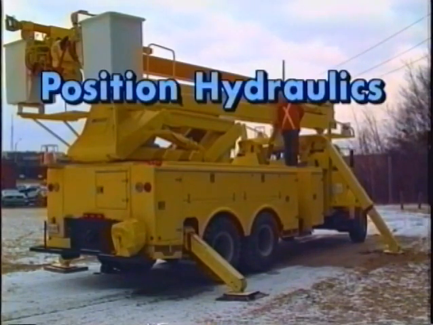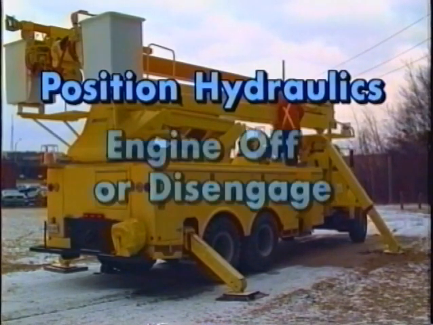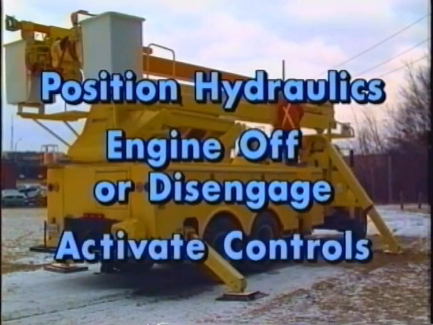Position the hydraulics. Turn off the engine or use the selector valve to disengage the hydraulics. Activate the controls. We'll run through this sequence in a moment, but first let's talk about the selector valve.